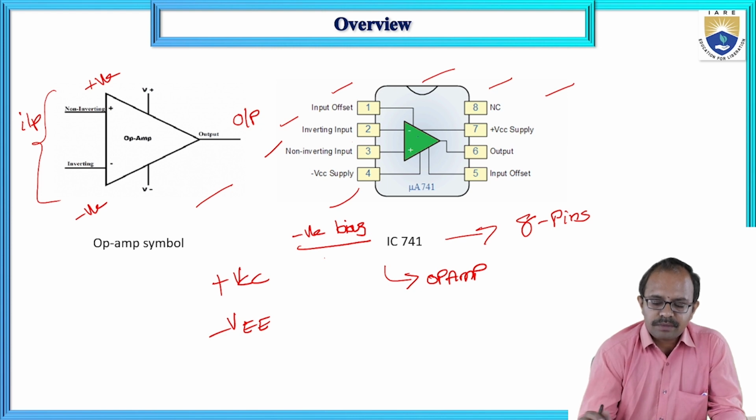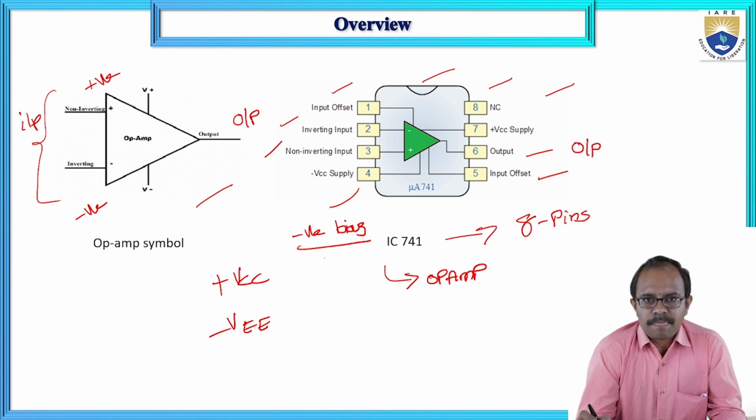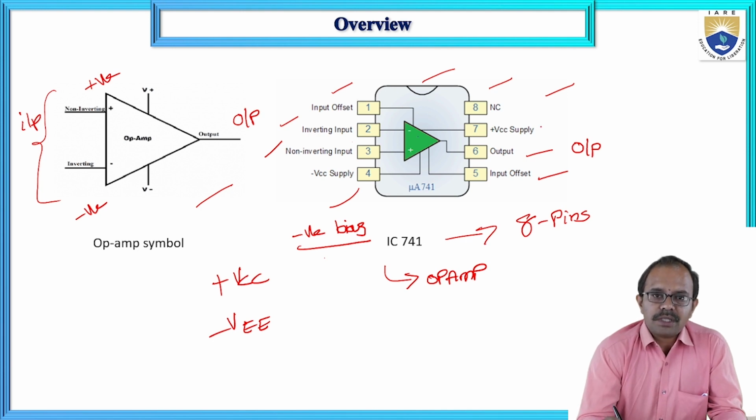And at pin number 5, we have another offset pin, that is nothing but input offset. So do remember, pins number 1 and 5 denote the input offset. Coming to pin number 6, here you are going to get the actual output from this IC. Pins 2 and 3 are responsible for input and pin number 6 is for output. Coming to pin number 7, we can provide the positive bias.